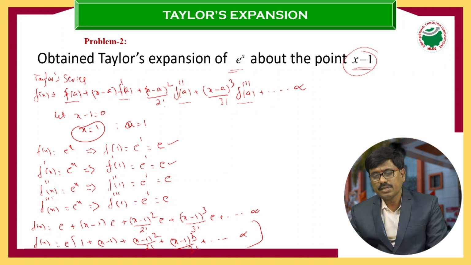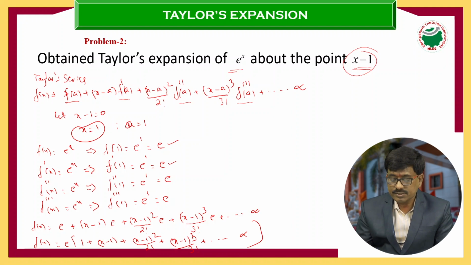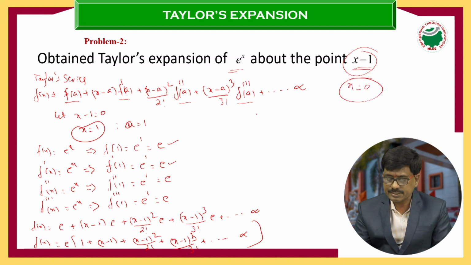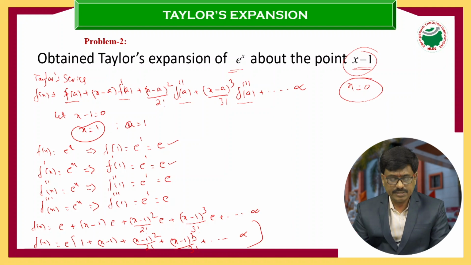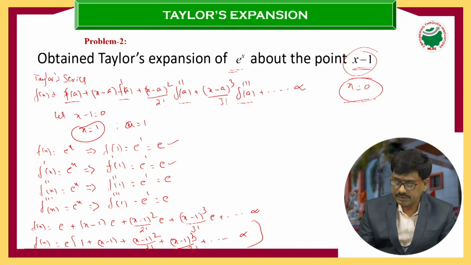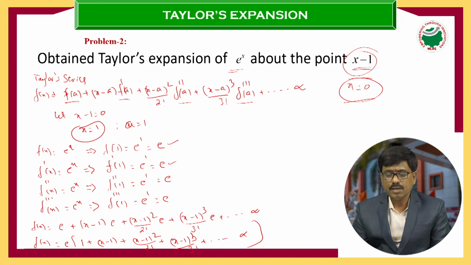This is the behavior of the function e power x at the particular point x equal to 1, and you can also expand at x equal to 2, 3, or 4. Suppose this function is expanded at x equal to 0, the same derivatives are calculated, only the series will differ, and at the particular point x equal to 0 it is called a Maclaurin series.